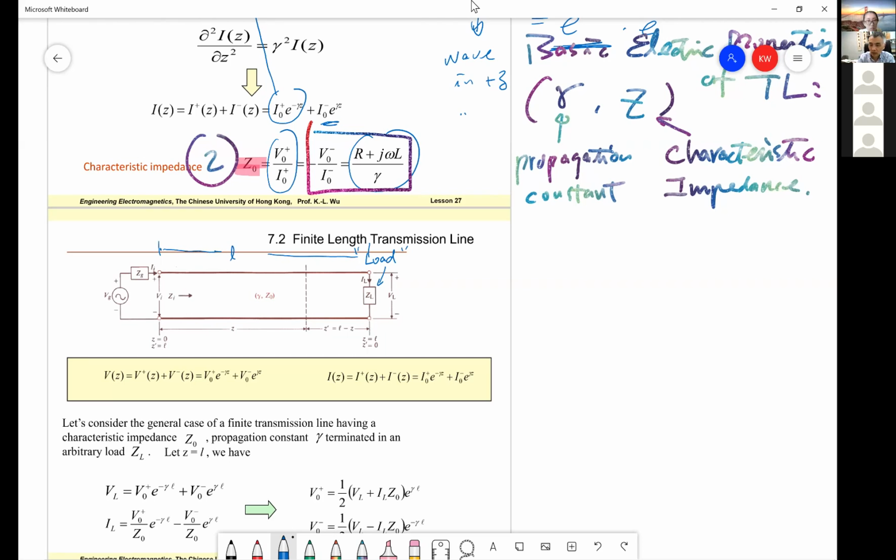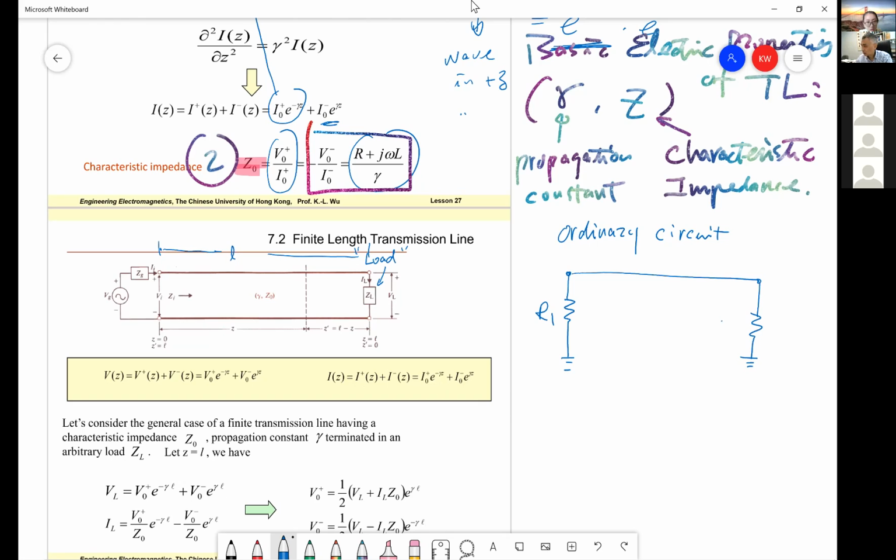This length makes difference. This is different from what we call the ordinary electrical circuit. Say for ordinary circuit, if I have resistor, then this is the node. I also draw very long. This is R2.